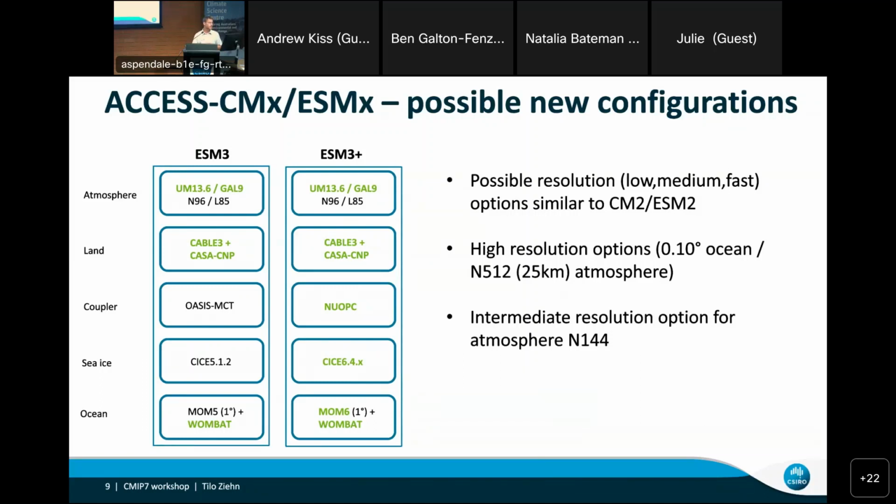And then we can think about what I call here an ESM3+, and that would basically replace all existing components with either a new component or a different component in case of the coupler. And then you have the same options in terms of low resolution, medium, and fast with those configurations as well. We can also think about a higher resolution option, 10th degree ocean, or higher resolution atmosphere, or intermediate resolution for the atmosphere, something between N96 and N216.